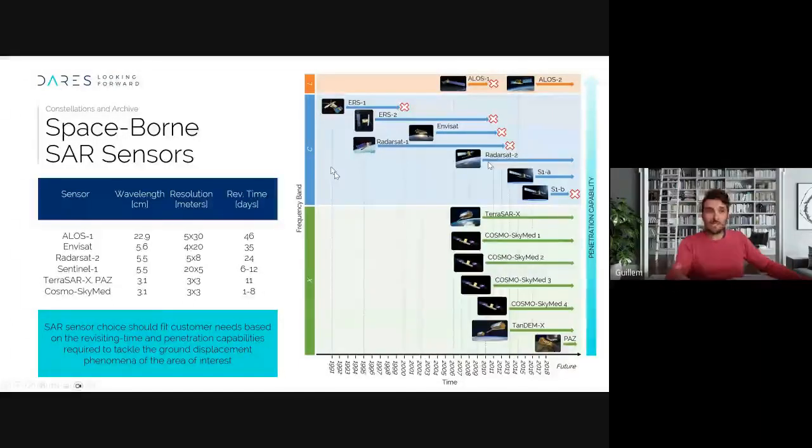So if you have a vegetated area, the capacity of penetration of X-band satellites will be lower than the capacity of penetration of C-band satellites.